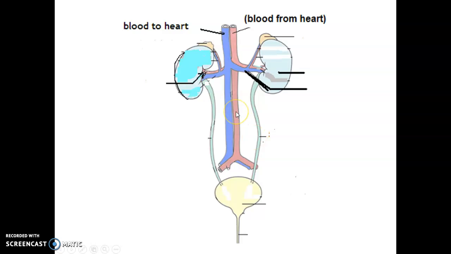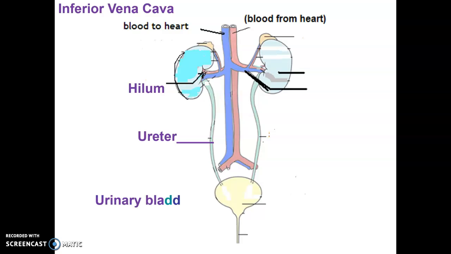All right, so again, the whole urinary system, big picture. Blood to the heart, sorry. Inferior vena cava brings blood back up to the heart. The indentation of that point of entry where the renal veins and arteries enter the kidney is called the hilum. Then you've got your ureters carrying urine to the bladder. You've got your urinary bladder.